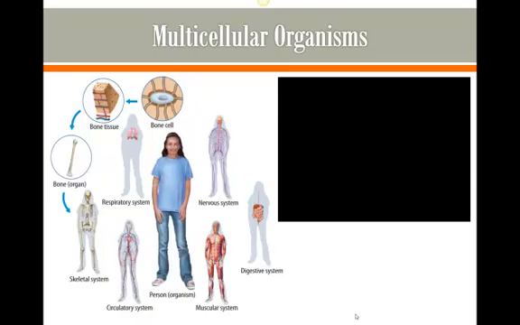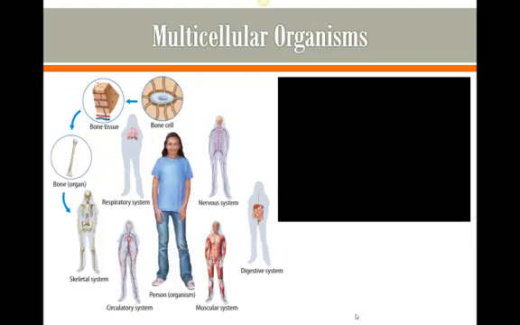In a multicellular organism, and this is true of two kingdoms, kingdom Plantae and kingdom Animalia, plants, animals, and humans, they are made of cells. Then the cells are grouped together that work for a common function, forming tissues.